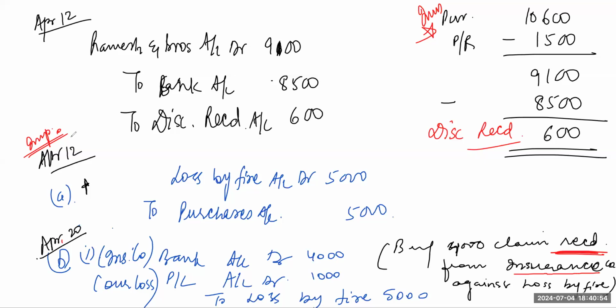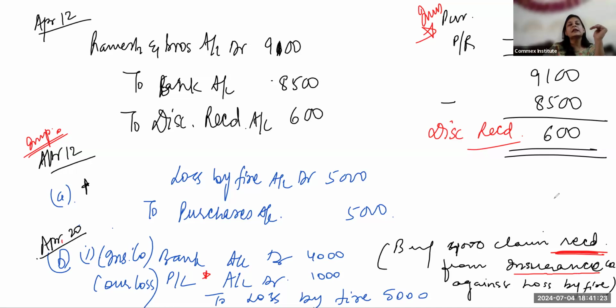Ma'am, so we are combining the 4 entries that we wrote into 2 entries? Yes, because they have not specified the date of acceptance of the claim. Directly, they're talking about the insurance company paying the claim. On the day the claim is accepted, that day itself we come to know how much is our own loss, so that day itself we can debit P&L, and then the amount is received later.